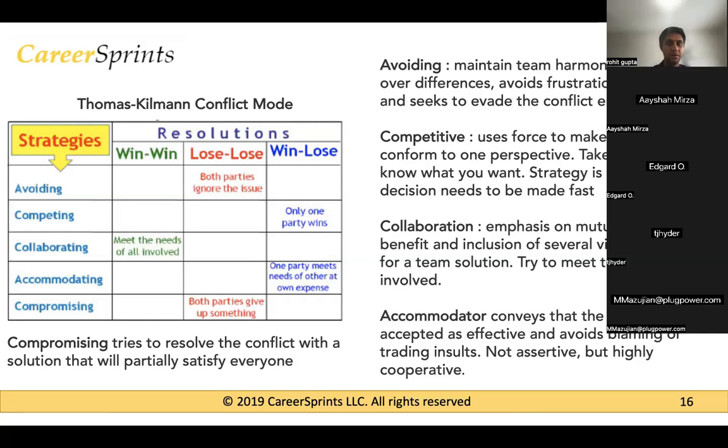And I think for the purposes of convenience, and the fact that in compromise there is something that you're losing, they have put it in a lose-lose category rather than in a win-win category. Does that make sense? Hari, does that answer your question?